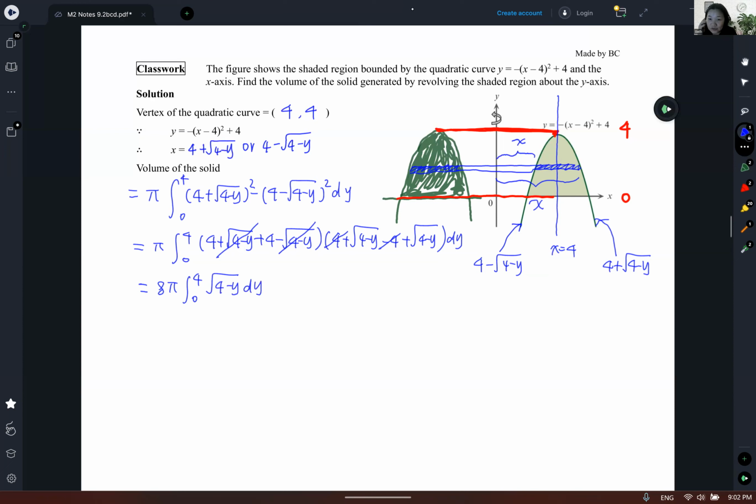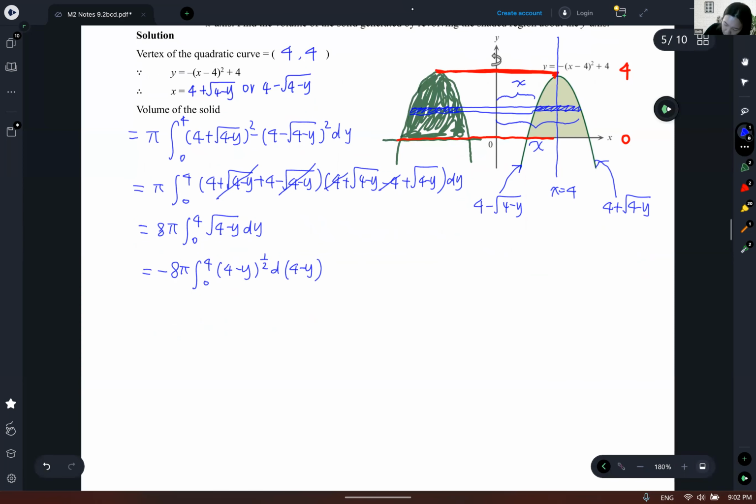Now this one, you don't have to do the trigonometry substitution. You just need to do this, negative 8 pi, just need to multiply negative 1. And then the integration.